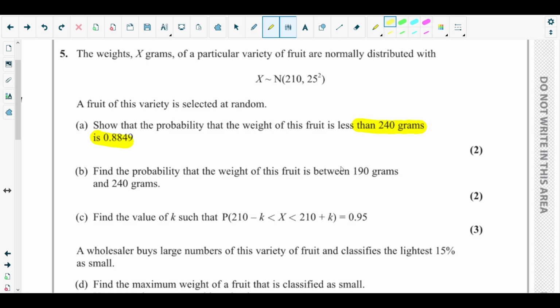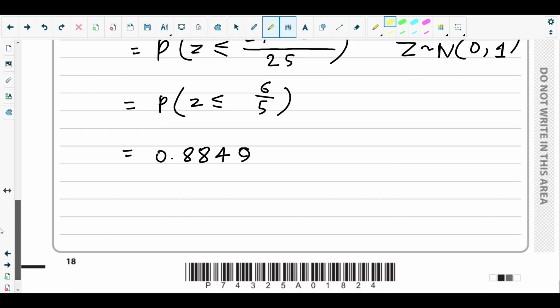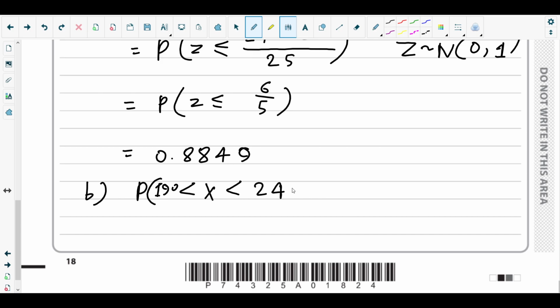The selected fruit has weight greater than 190 grams and below 240 grams. So for part B, we need the probability of X greater than 190 and less than 240.